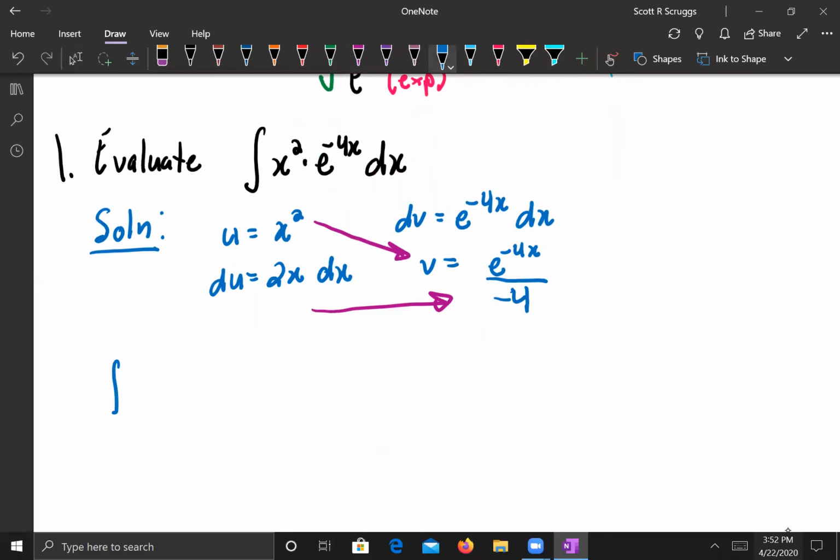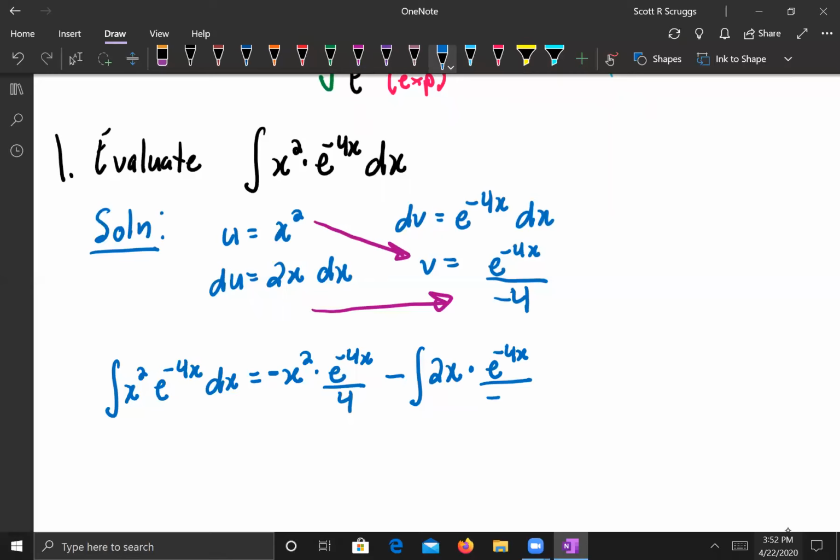So that means our integral of x squared times e to the negative 4x dx equals x squared times, and I'll go ahead and put the negative sign up front, e to the negative 4x over 4, minus the integral of 2 times x times e to the negative 4x over negative 4 dx.